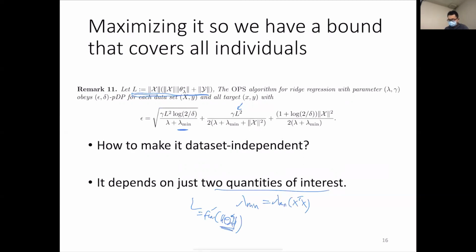Right, so this is a data-dependent quantity, and this is a data-dependent quantity. And in order to sanitize the dependence of this epsilon parameter, or the privacy loss random variable, on the data set, we need to somehow reveal information about X transpose X and the norm of these coefficients.